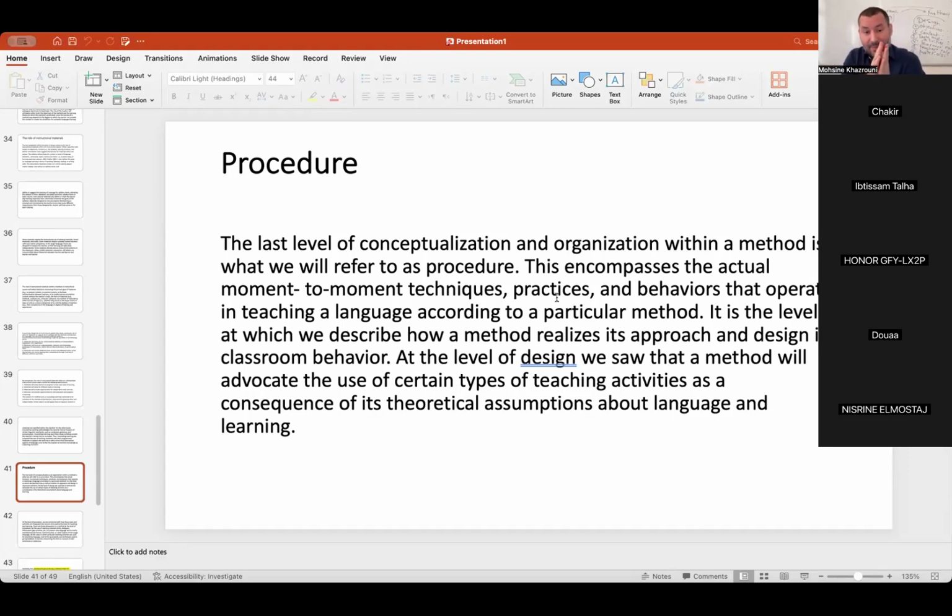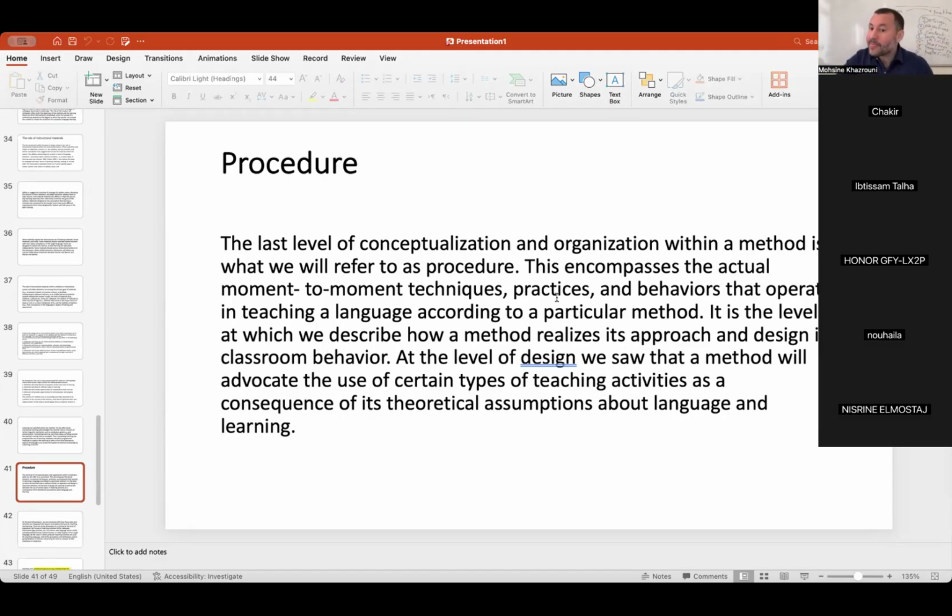So a method is based on an approach, right? To move from an approach to method, we need design, as we said. What about procedure? Procedure, what does this mean from this slide? Can someone read? And then we can share some ideas regarding procedures.